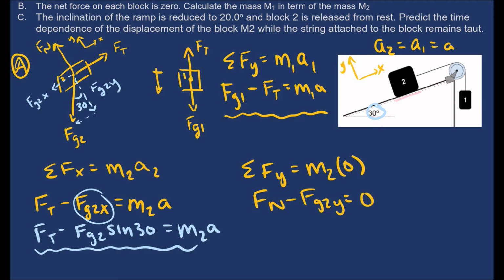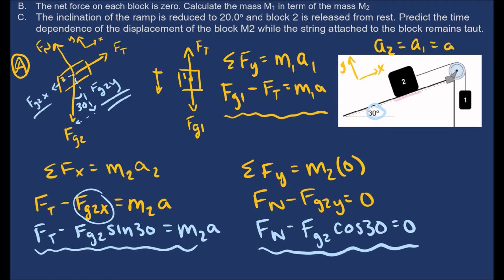Okay, similar to what we did with our Fg2x, we want to solve for our Fg2y in terms of Fg2. So we have force normal minus Fg2 times the cosine of 30 is going to equal 0. Okay, so there are our free body diagrams.